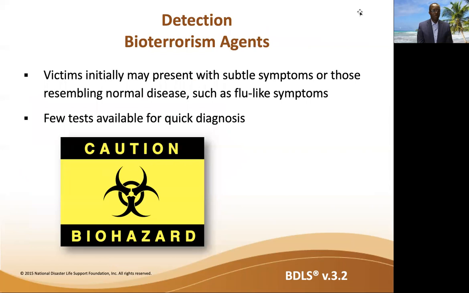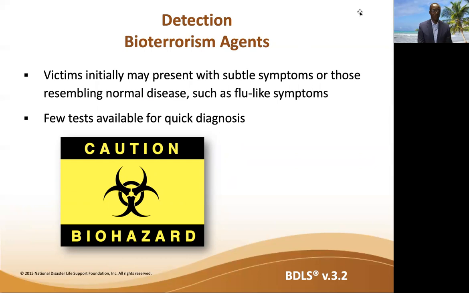Before we continue, it is important to mention a couple of caveats when dealing with bioterror threats. The assessment and diagnosis of many of these conditions are complicated by the fact that, one, most diseases present initially with generic, non-specific flu-like symptoms. For example, fever, malaise, body aches, shortness of breath, and many more.